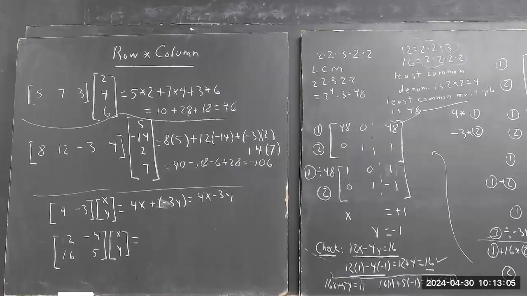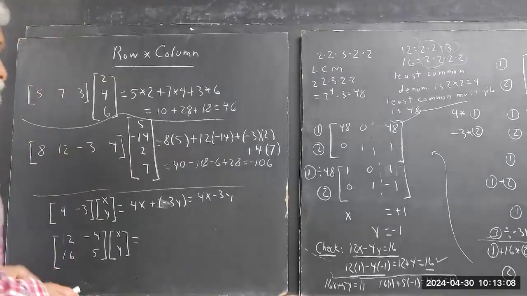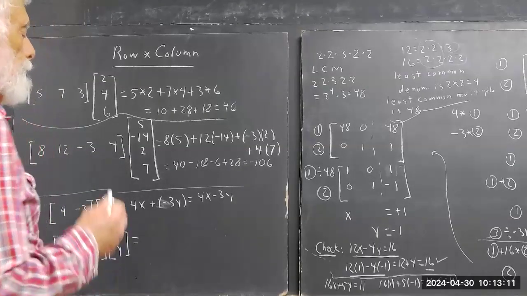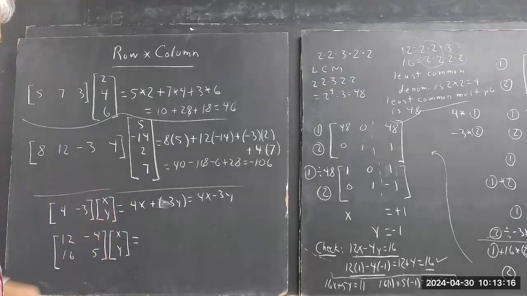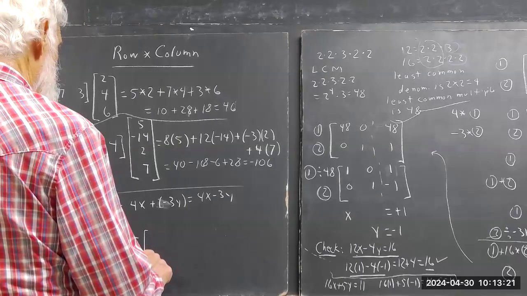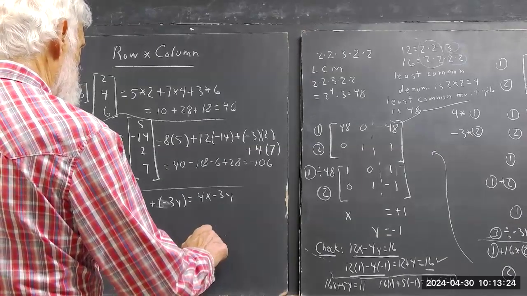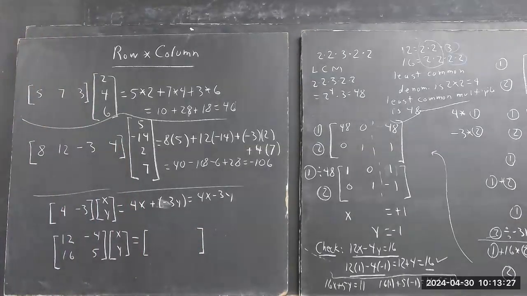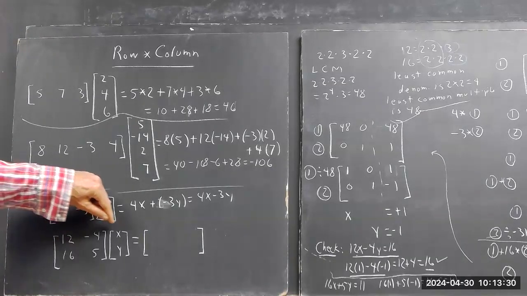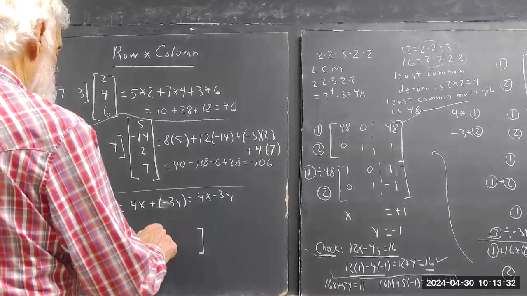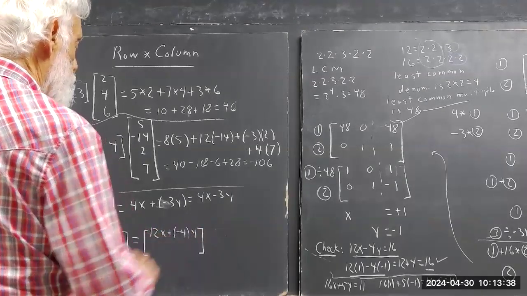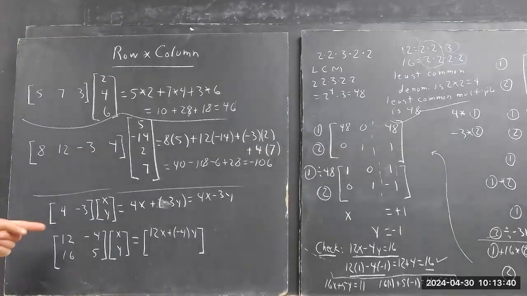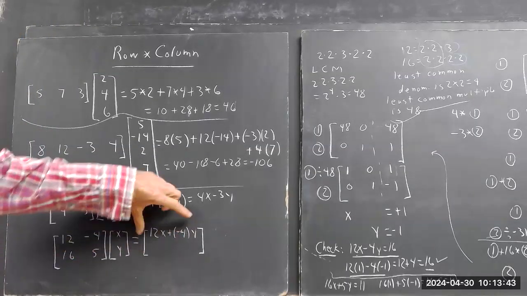Okay, now I didn't really tell you what to do with this. A couple of sensible things you could do. But the way it's going to be is I'm going to multiply each row by the column. So when we do that, we're going to put these things into another set of brackets. We're going to multiply 12 times x, negative 4 times y, and that's 12x plus negative 4 times y. That came from the first row, and we're going to put it in the first row of this matrix.